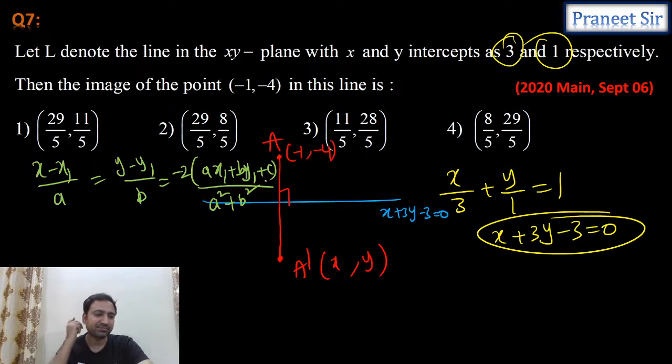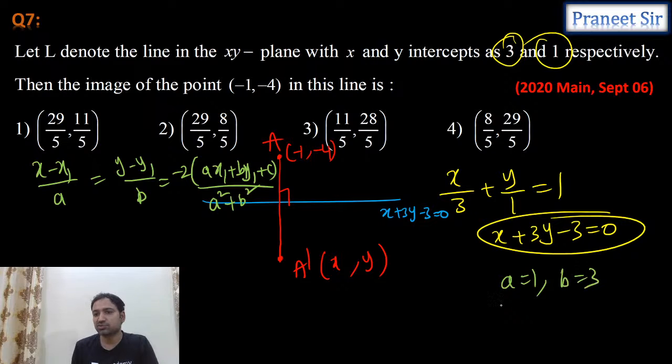This is the formula, guys. Image of perpendicular formula. If you use this formula here, so what is a, guys? A is equal to coefficient of x. What is b? B is equal to coefficient of y, which is 3. So now if you substitute these values here, what do we get?